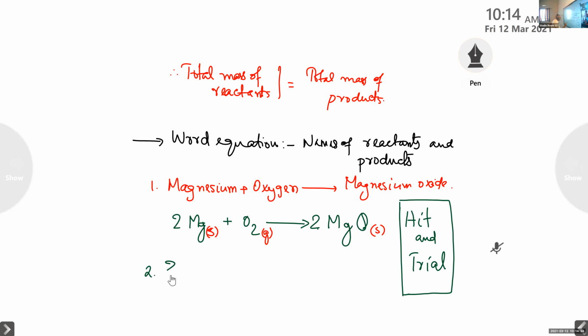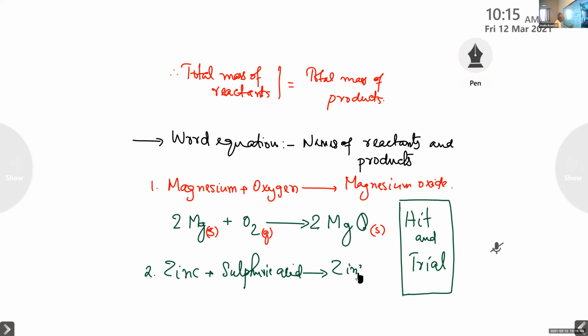So we can write zinc plus sulfuric acid, giving. Which are the products obtained? Do you remember? Last day we had seen zinc sulfate and hydrogen.